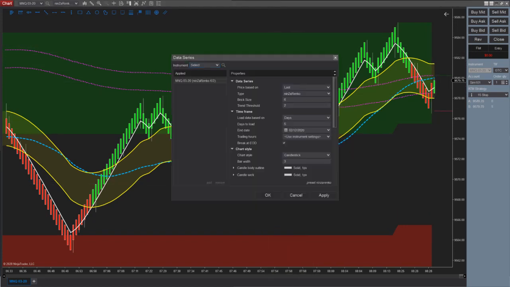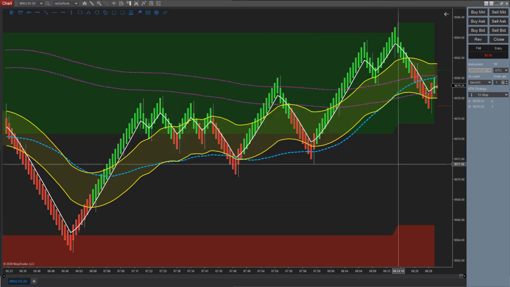They're also very similar to Unirenko, 6 and 2, brick size 6, trend is 2. We have 2 more minutes before the start of the regular trading session.